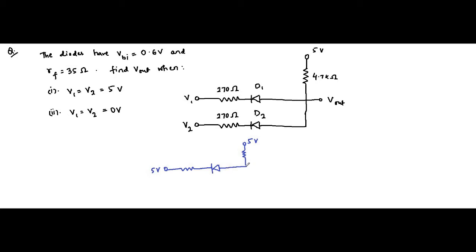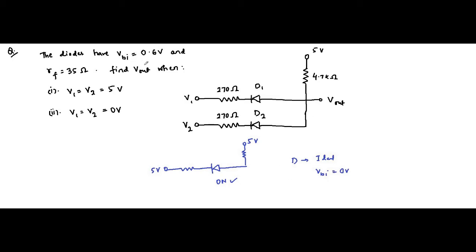See, both the diodes are connected to the same potential. If the diode would have been ideal, that is, the potential barrier voltage would have been 0 volt, then in that case this diode would have been on. For an ideal diode, there is no built-in potential.